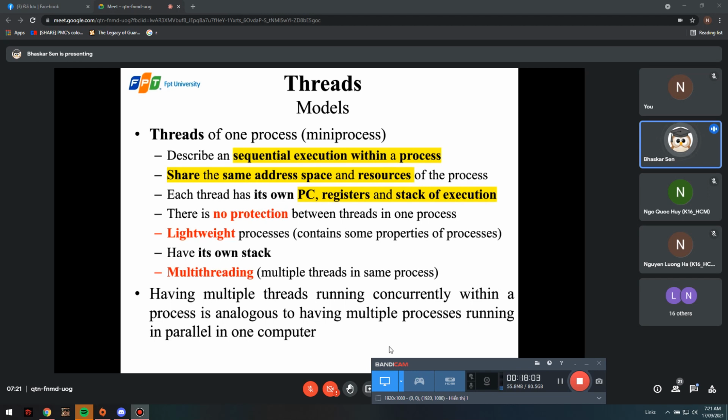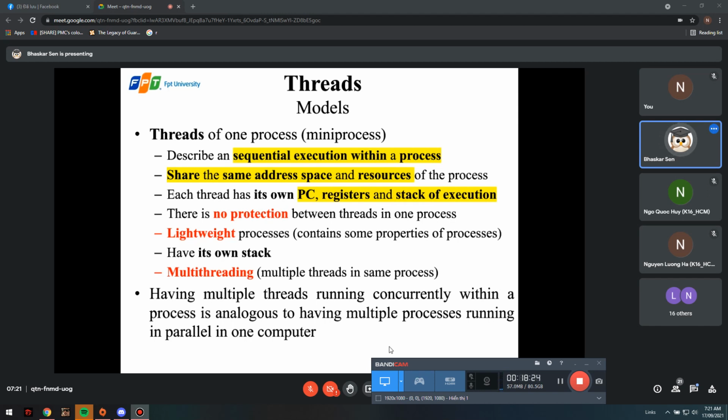What they don't share, the things they don't share with their parent process, well, first of all, they must have their own stack because they have their own codes, they have their own stack, and then the register values, including the PC or the program counter. Okay.